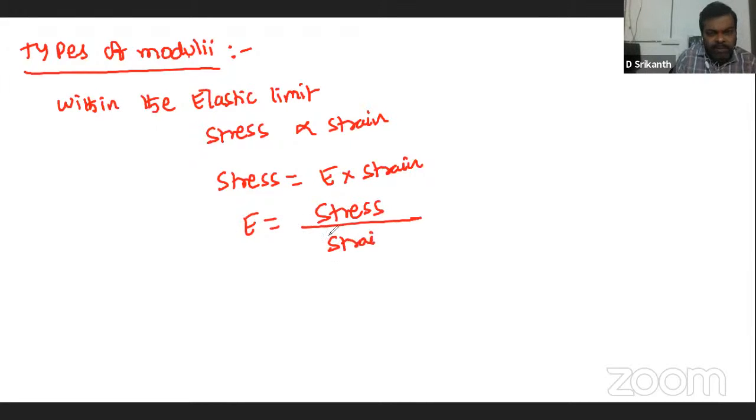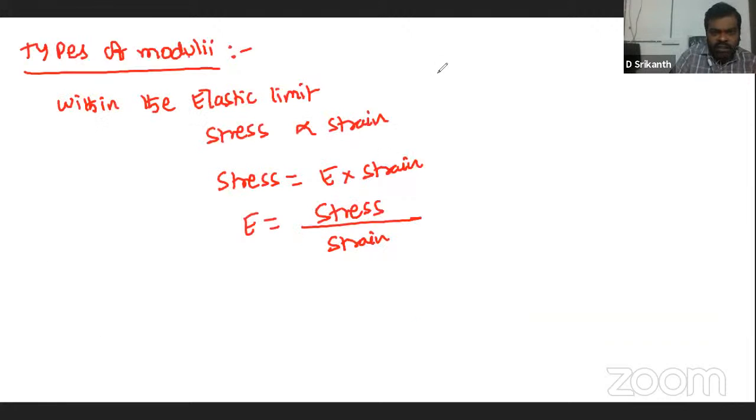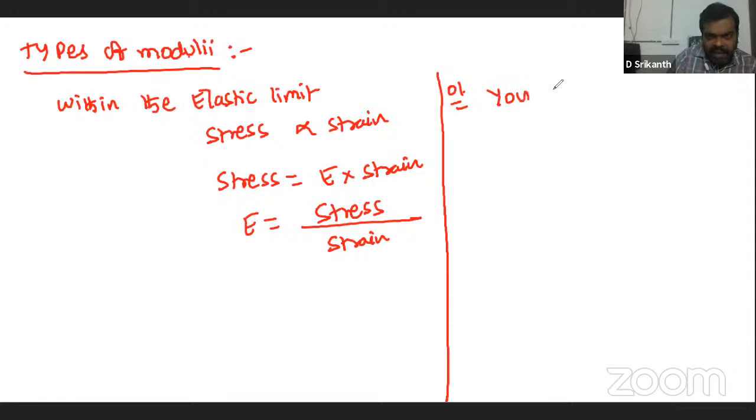Depending upon the type of strain, we have the types of modulus. Strain will be of three types: longitudinal strain, bulk strain, tangential strain. With respect to the longitudinal strain, we have Young's modulus. Young is the name of the scientist.